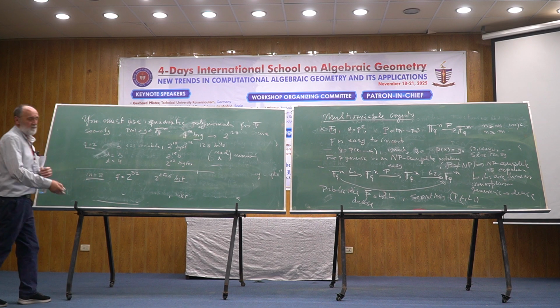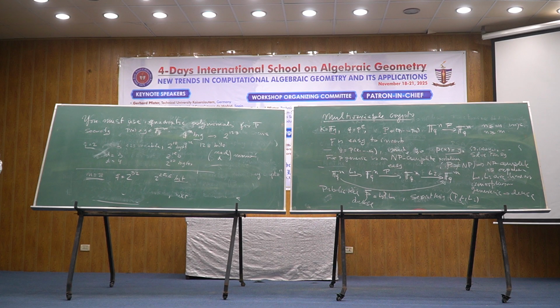So it's completely contrary, and in fact we'll see we use ideas of algebraic geometry. As we are in a course about applications of algebraic geometry, this is a nice application.